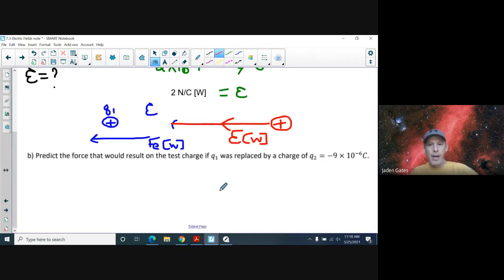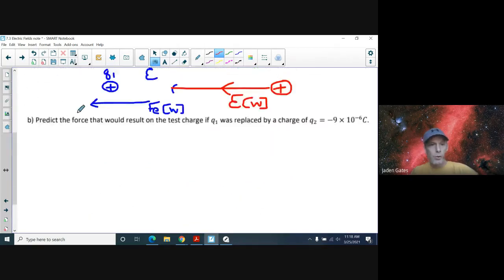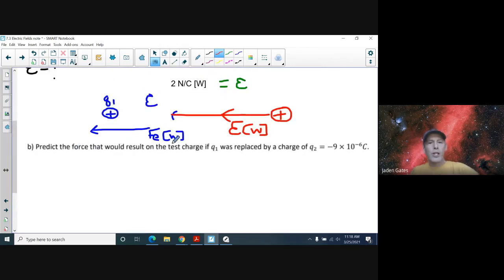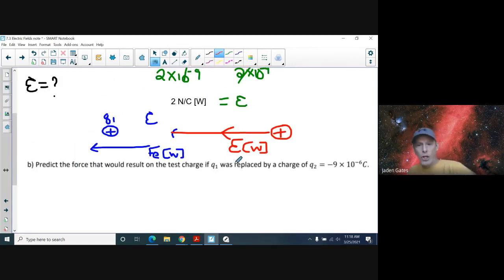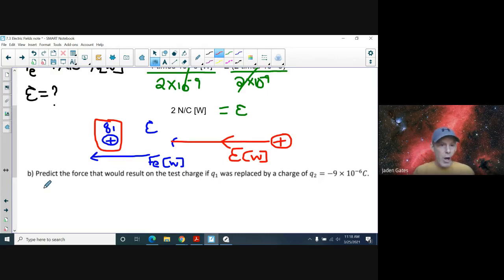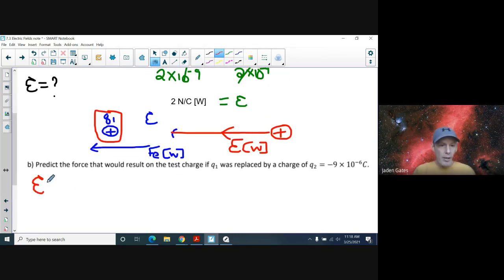Now, I'm going to check out a different situation. Predict the force that results on a test charge Q1 if Q1 was replaced by Q2. So now I'm pretending there's a different charge here, but yet the same positive charge out here. We know that epsilon, which is created by this random positive charge I've talked about, is 2 newtons per coulomb west.